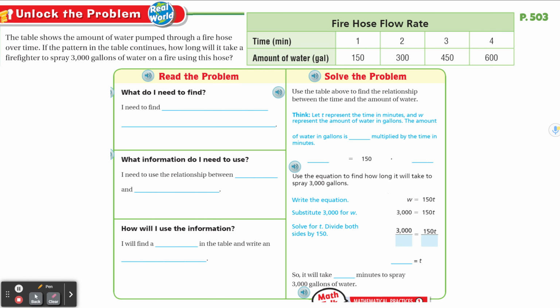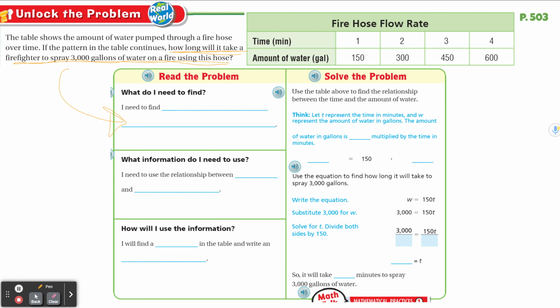So I see what we're trying to find is how long will it take the firefighters to spray the 3,000 gallons of water. So I'm going to underline this section over here, and I'm just going to draw an arrow to this box here. I don't really think we need to rewrite it.